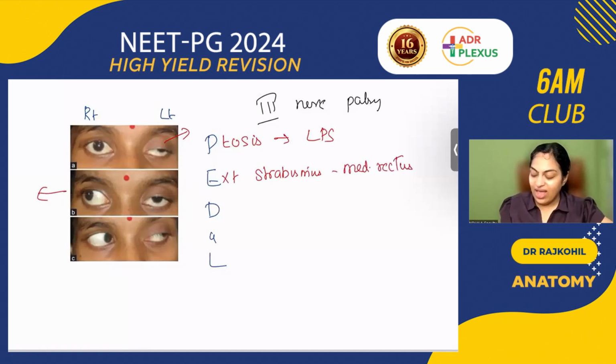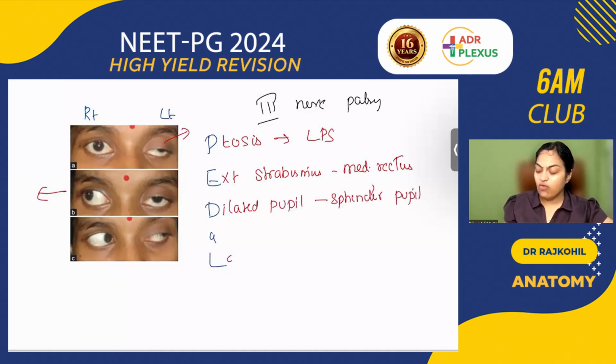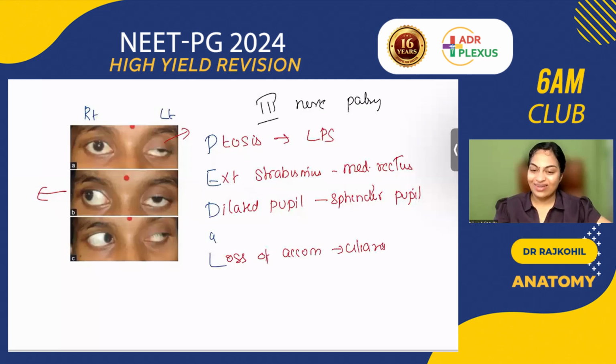Am I right? And dilated pupil. Dilated pupil is due to paralysis of, come on, sphincter pupillae. And lastly, loss of accommodation due to paralysis of the ciliaris muscle. Right? Excellent, excellent.